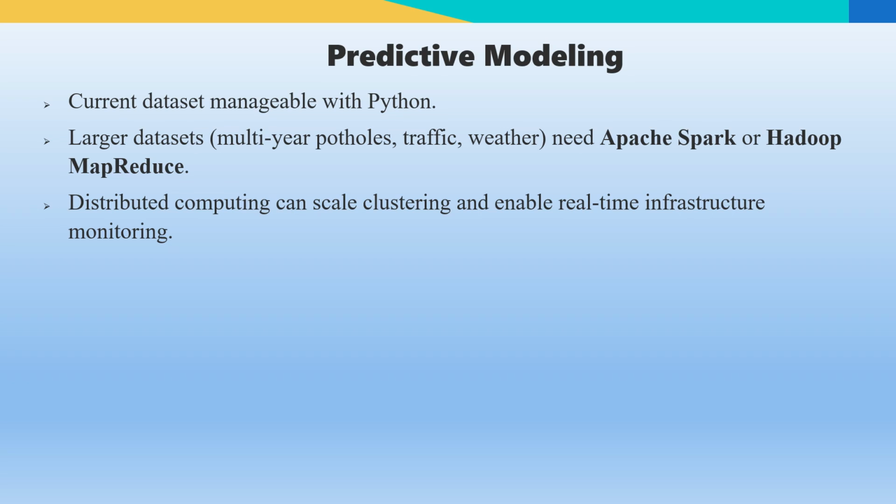Now, with the predictive modeling and scalability, this was performed using Python, which handled the data set efficiently. I will note that if the analysis were expanded to include multi-year data, weather effects, and traffic flow, distributed computing tools such as Apache Spark and Hadoop MapReduce would be necessary.